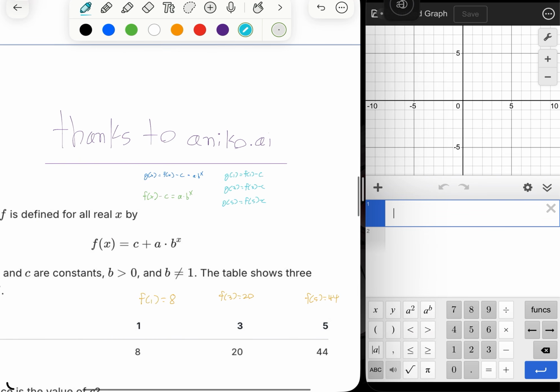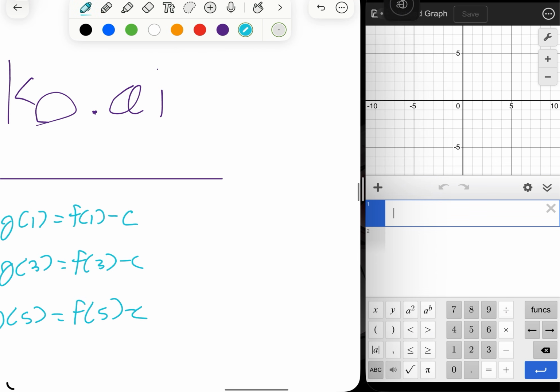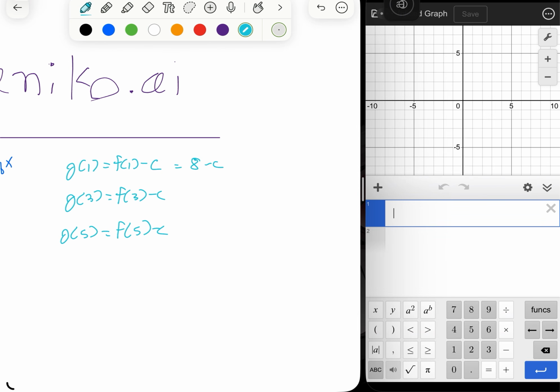And we already know the values for f, these values here, we already found in the table. So we can actually say that g of 1 equals f of 1 minus c. f of 1 is 8, so 8 minus c. Likewise, this is 20 minus c, and this is 44 minus c.